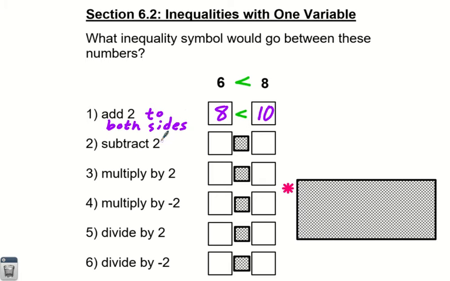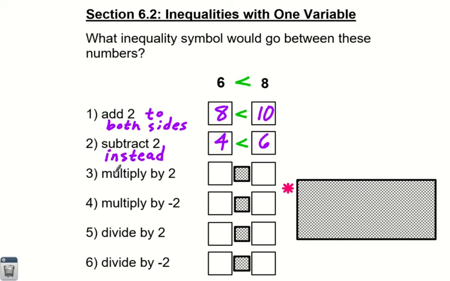And what if instead we subtract 2 from both sides? Again, we're always going to go back to the 6 is less than 8. If we subtract 2 from both sides, we would get 4 and 6, and the symbol that would go in between would be a less than. 4 is less than 6, still.